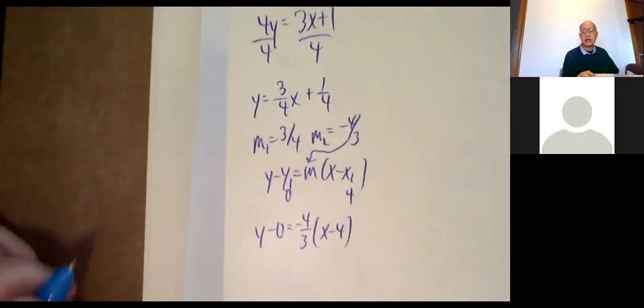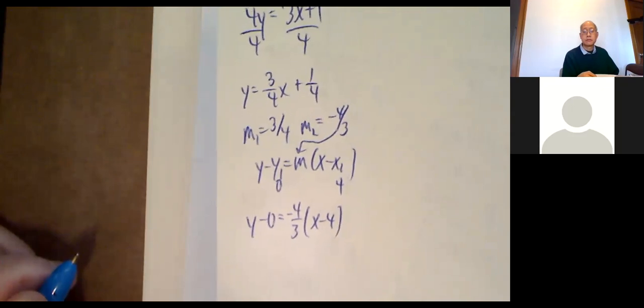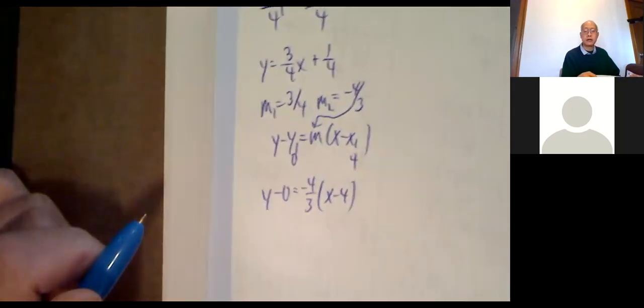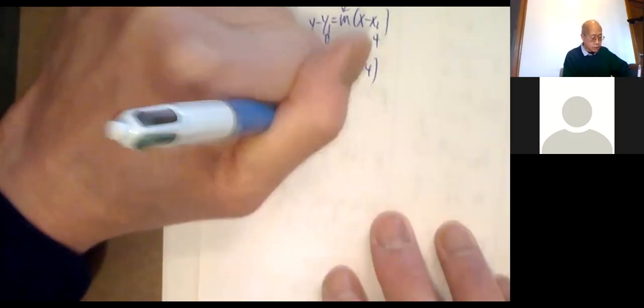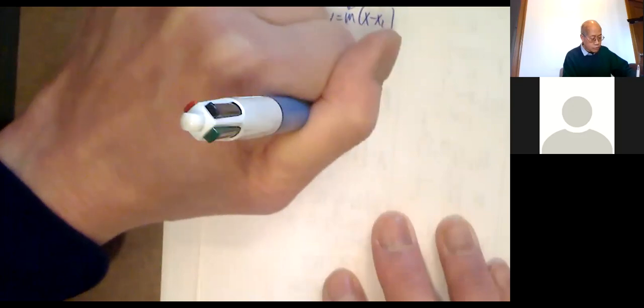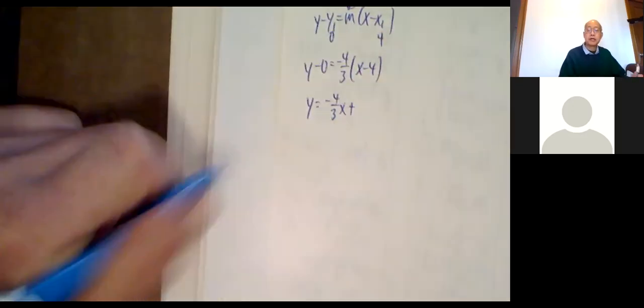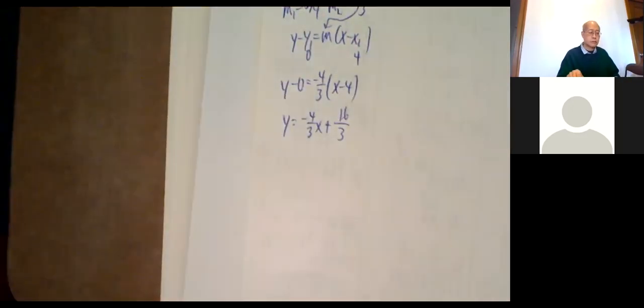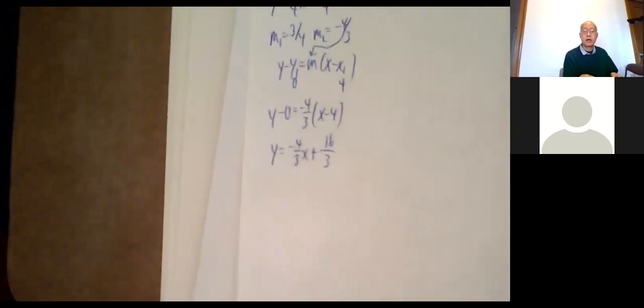Oh, look at the left-hand side. Just y. So it's already done. You already have y equals mx plus b. So I just multiply that stuff out, right? So y minus 0 is y. So y equals negative 4/3 x plus 16/3. And that's pretty much about it.